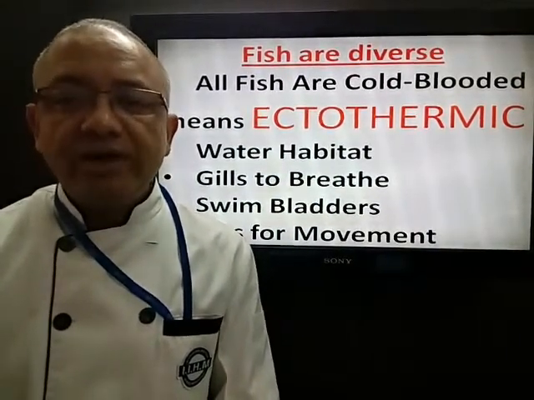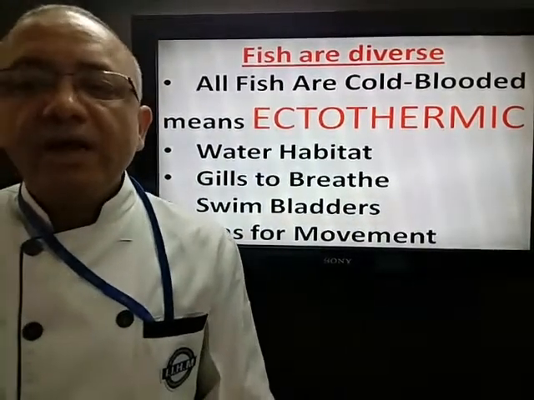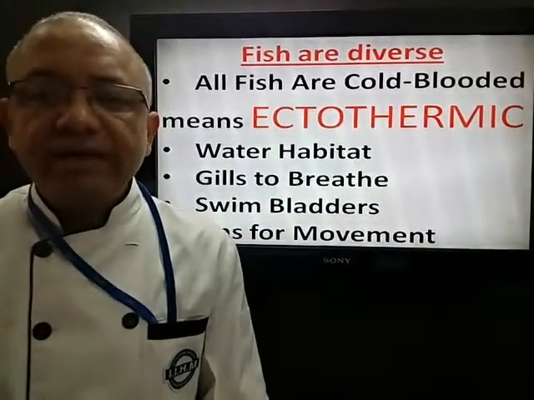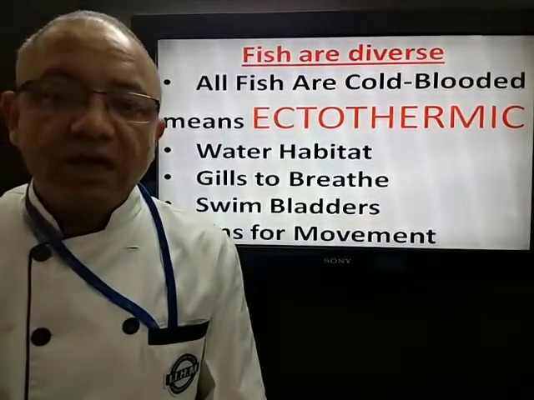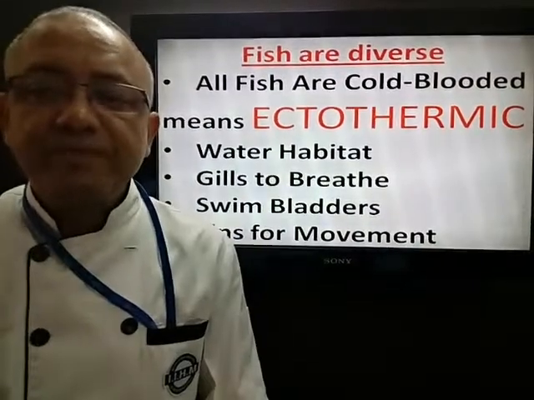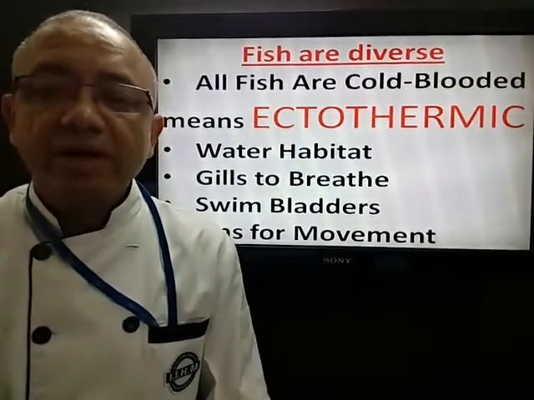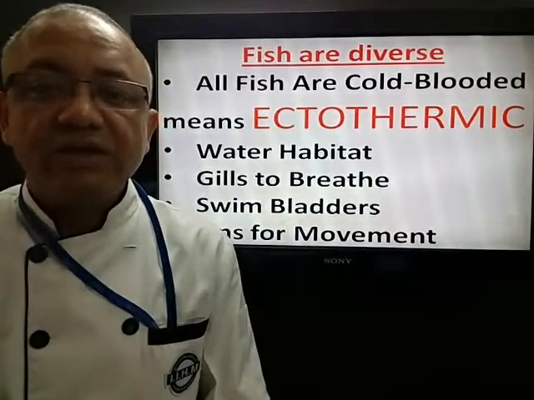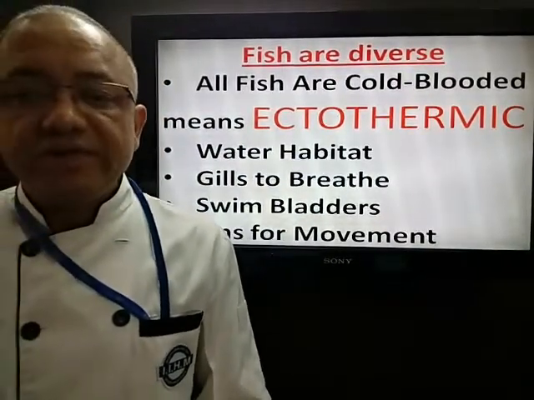A fish's body temperature fluctuates according to the surrounding water temperature, so colder water decreases body temperature, which makes them sluggish and dormant, meaning they are not moving during cold spells. For example, in the winter months in a lake, the fish show no movement.